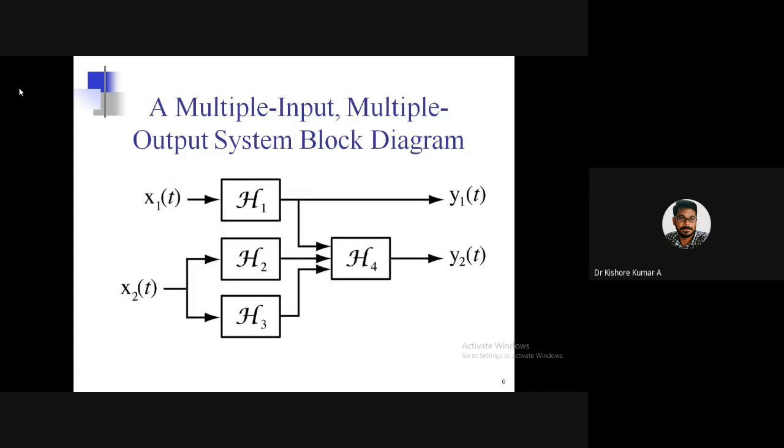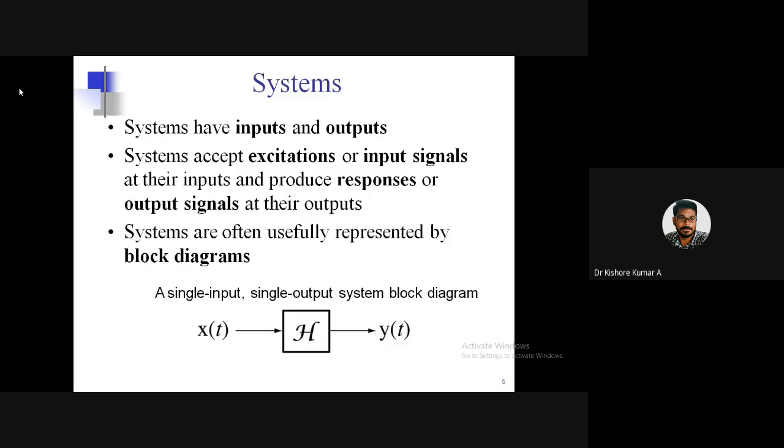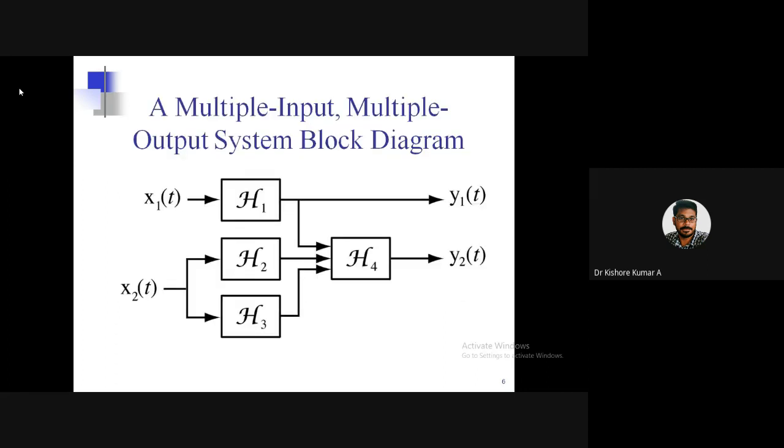And here is a multiple input, multiple output system block diagram. We can have a number of inputs and, for the corresponding inputs, outputs, whereas the previous diagram was a single input, single output system. Here x1 of t and x2 of t are given to the systems h1, h2, h3, and finally h4.